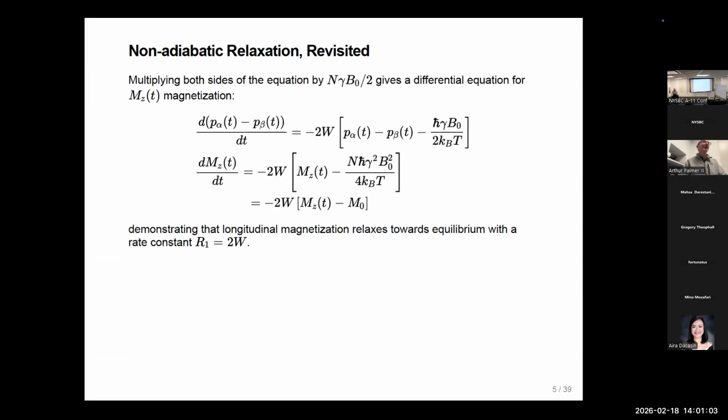Because remember, with the INEPT sequence, I can transfer polarization from the hydrogen to the nitrogen. The polarization of the hydrogen is 10 times larger than the nitrogen. So if I transfer most of that to the nitrogen, then Mz of the nitrogen is going to be way larger than M naught.